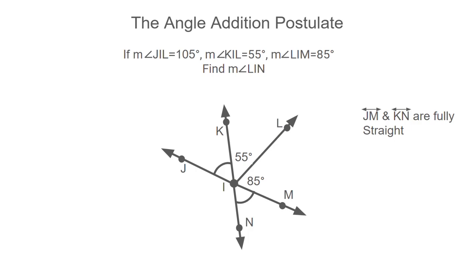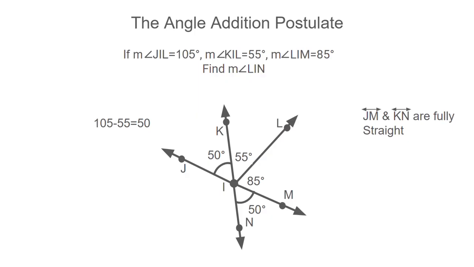Next, we should notice that we can find the measure of angle JIK with the angle addition postulate by subtracting, because we know the measures of angles JIL and KIL. So, 105 minus 55, which is 50 degrees. Since we know the measure of angle JIK, we also know the measure of angle NIM because they are congruent. So, NIM is also 50 degrees.